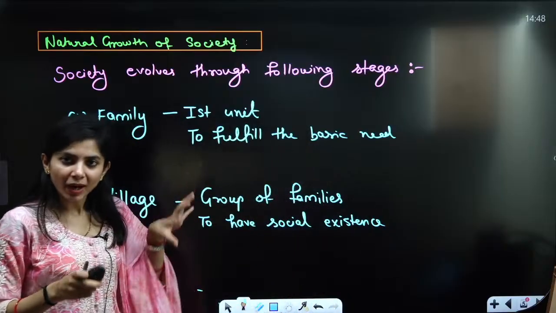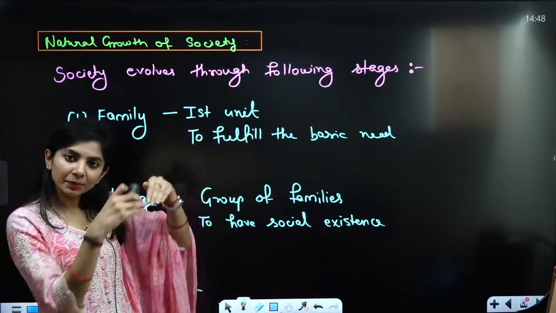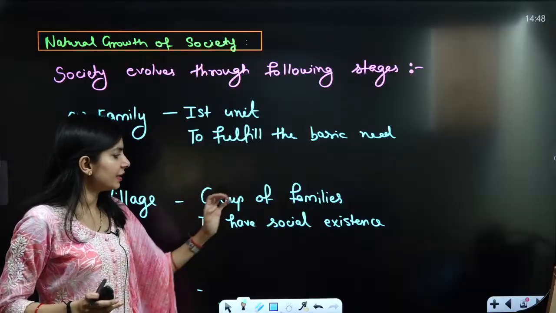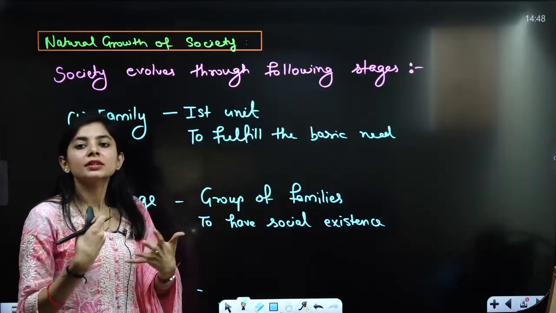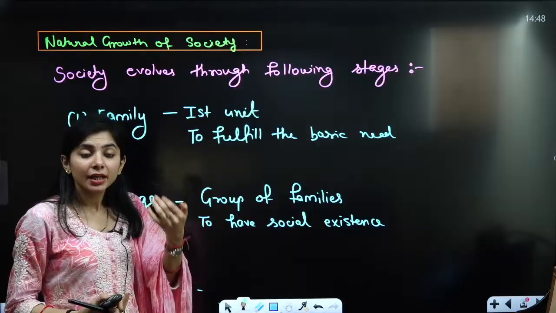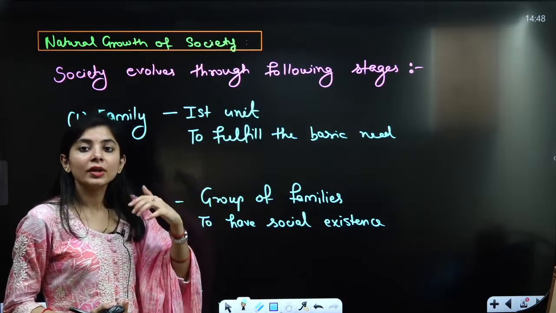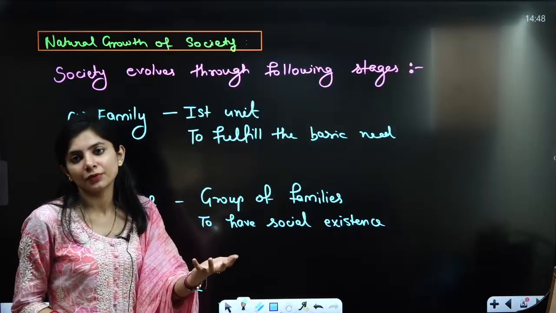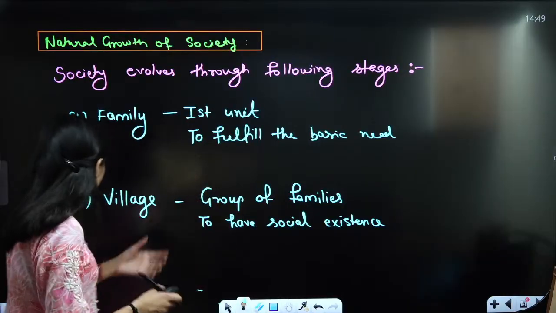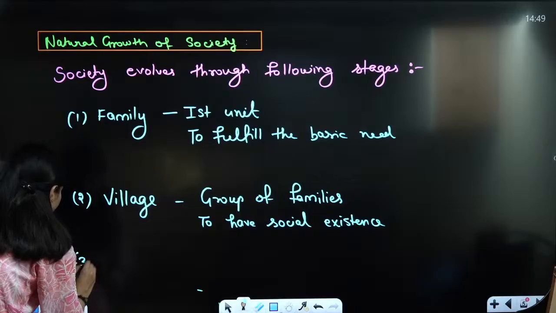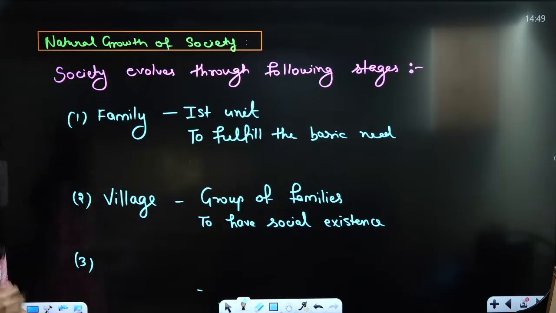So you are there only between your family, but then you start feeling a new form of existence when you get to the village, or when you go outside of your family. That's why the village is considered as the second point.